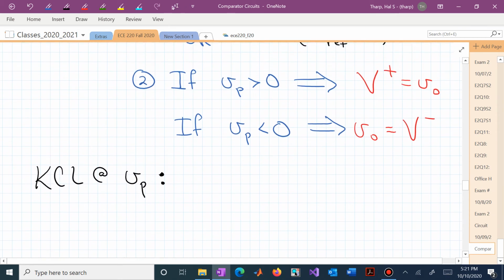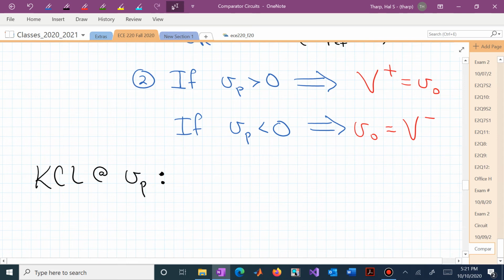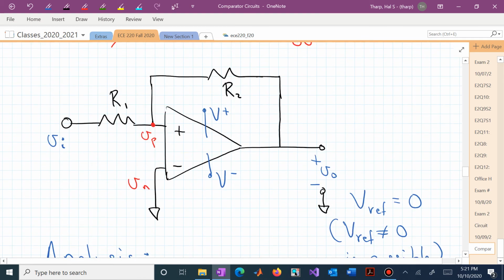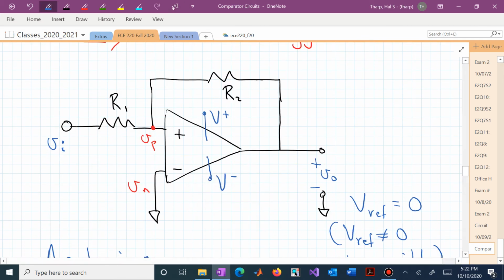So let's perform KCL at that positive, or the non-inverting, node of our op amp. We can say we have this current and we have this current, and again we have no current going into the non-inverting terminal of our op amp, so we now have the sum of those two currents leaving that node equal to 0.